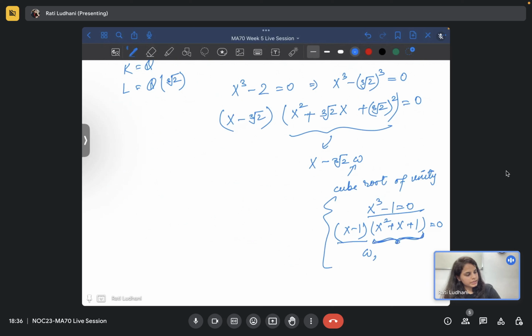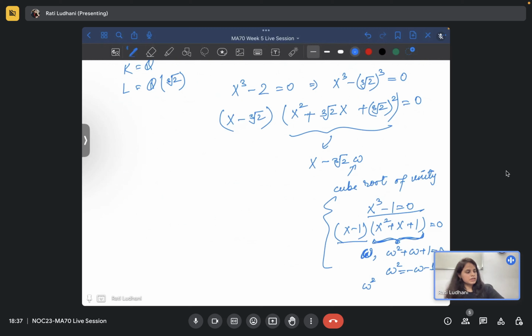We write in the notation omega, which satisfies omega squared plus omega plus 1 equals 0, and the other root will be omega squared.